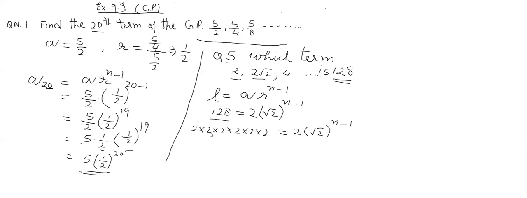Check it. 2 to the 4, to the 8, to the 16, to the 32, to the 64, and 128. After simplification, you will have only 2, 2, again 2, 2, 2 is equal to root 2 raised to the power n minus 1.